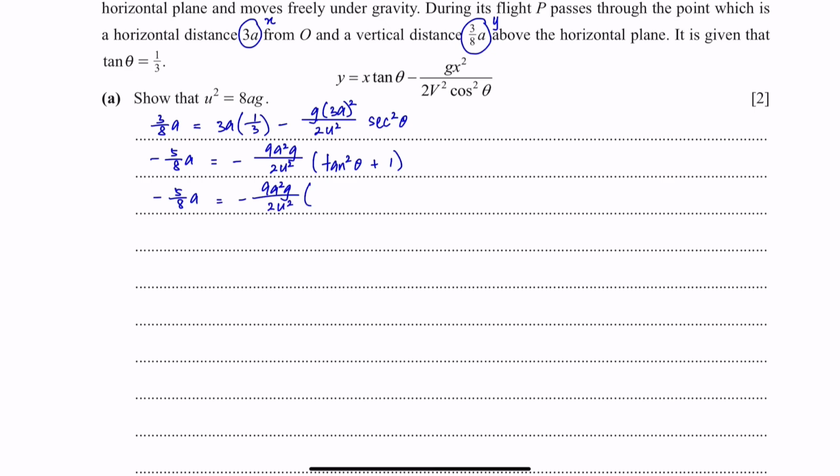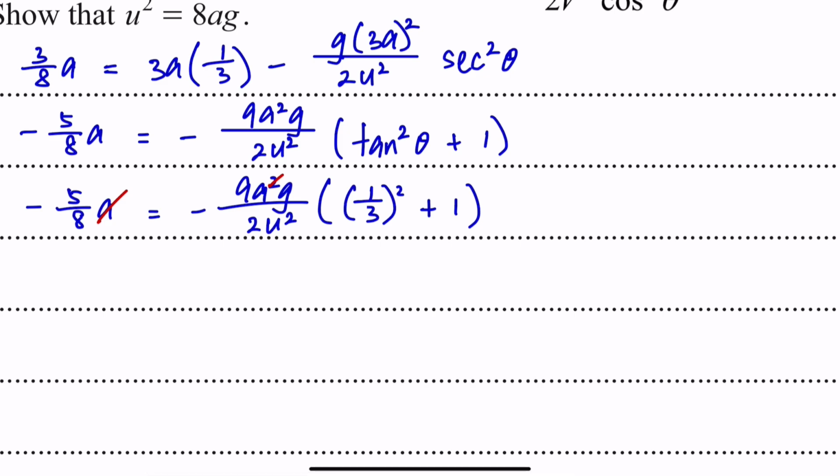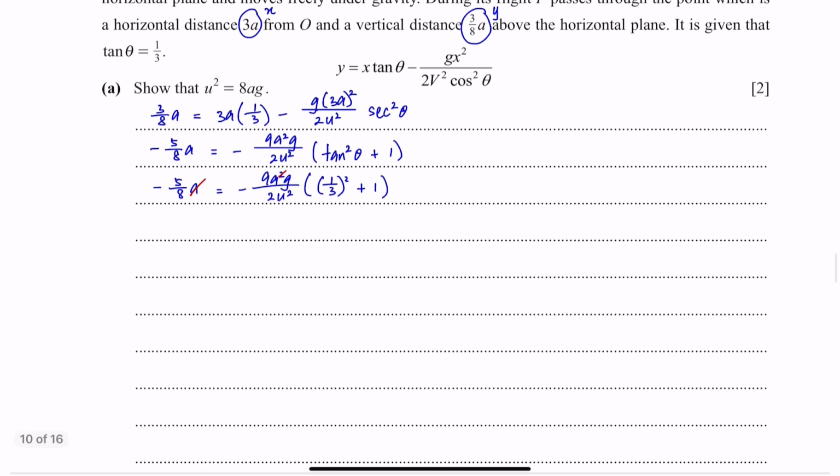So we will get 1 over 3 squared plus 1. So we can cancel the a here, and we would get 5 over 8 equals 5ag over u squared. And u squared would be 8ag. So we are done proving.